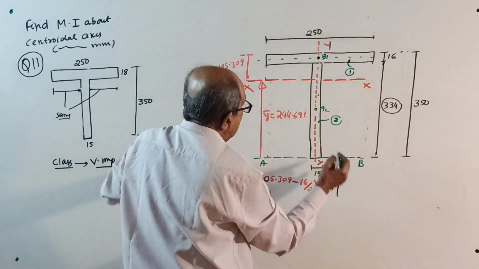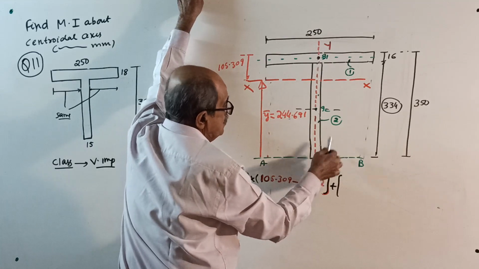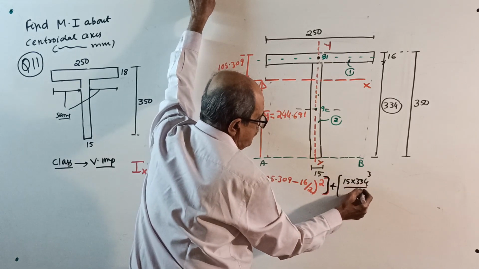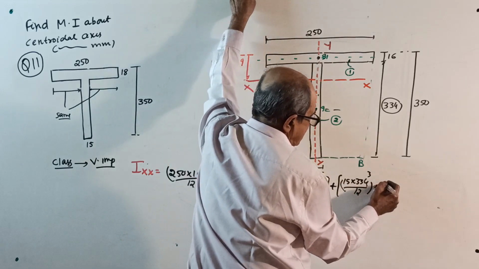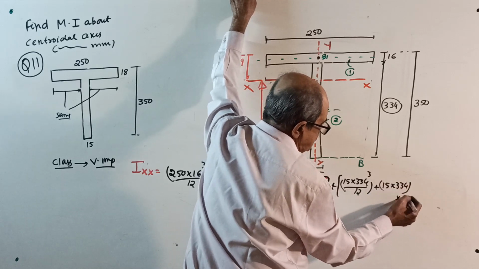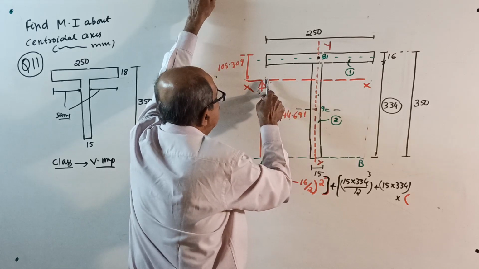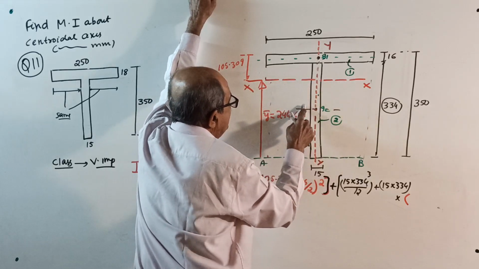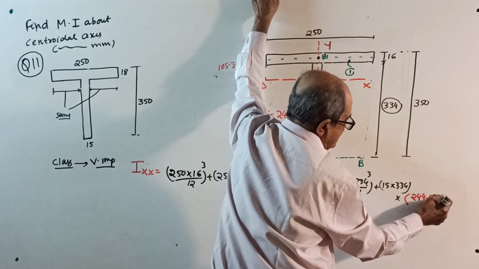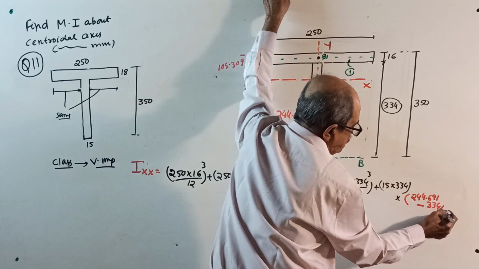Plus, come here. I about its own centroidal axis: 15 into 334 cube divided by 12, plus area, 15 into 334 is the area, into, from the centroid to this axis, this distance square is 244.691 minus half of 334, that is 334 by 2, whole square.